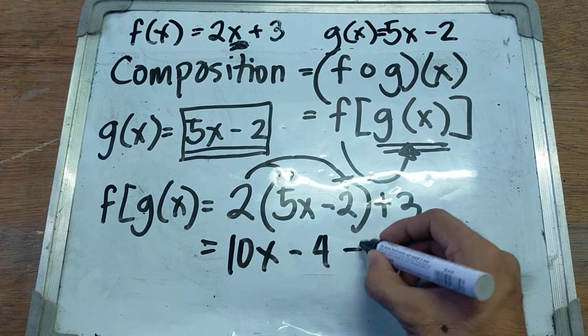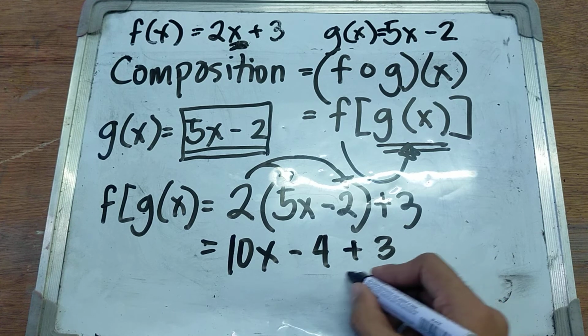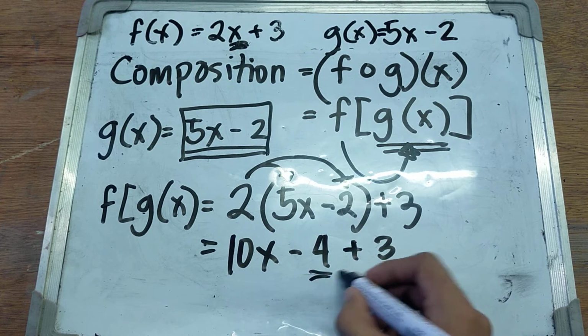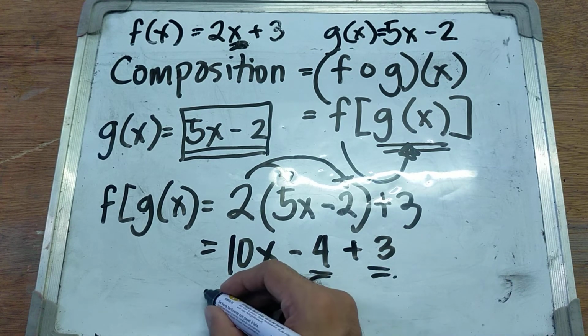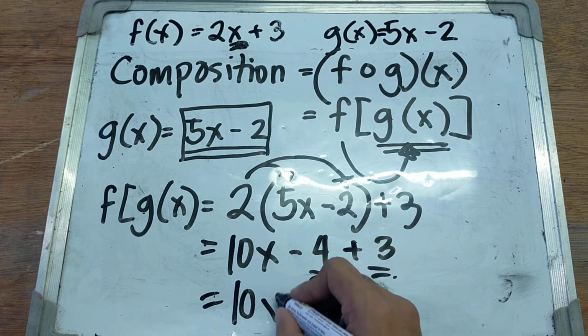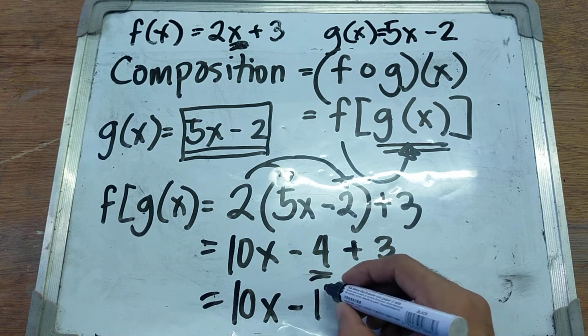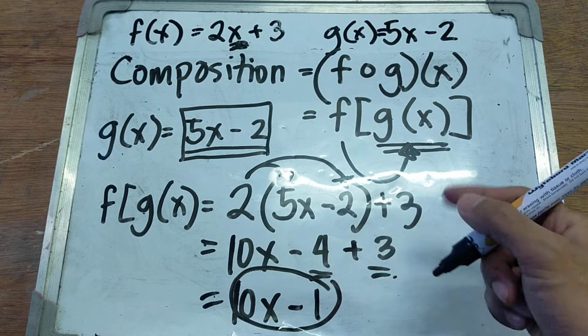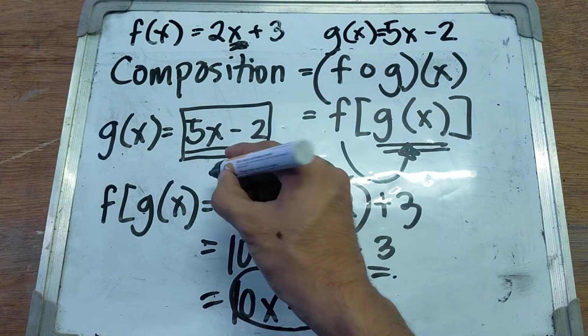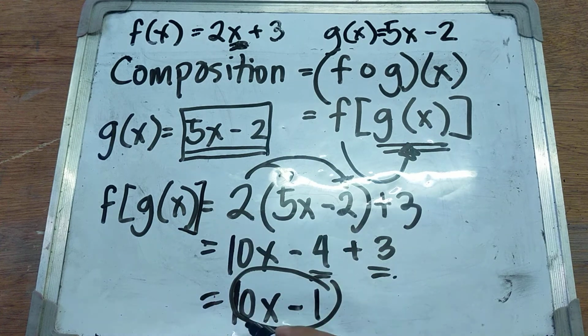And then, we are going to add 3 from the negative 4 since they are same in terms. So, copy 10x. And then, negative 4 plus 3, we have negative 1. So, the equivalent of f of g of x is 10x minus 1.